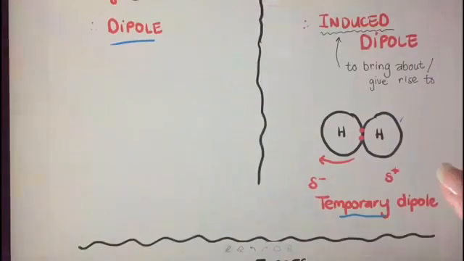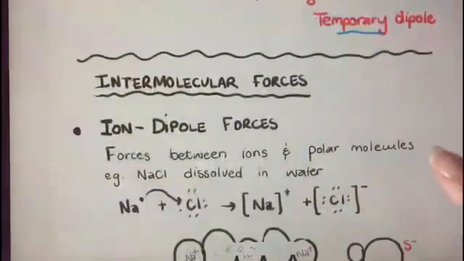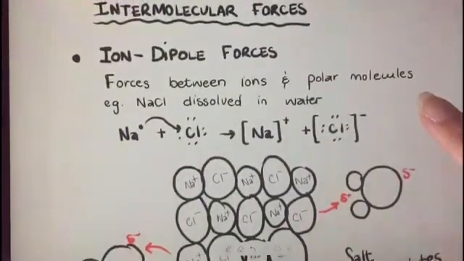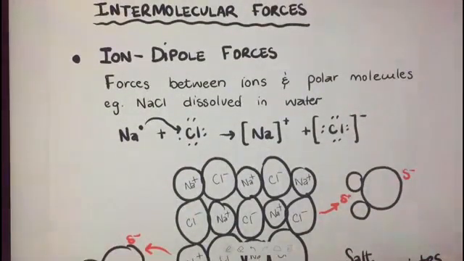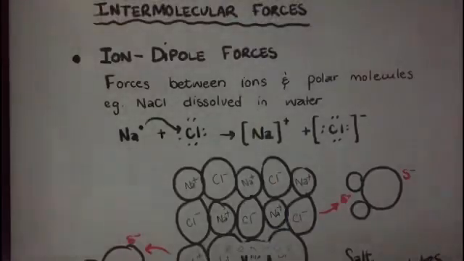So now that we've got that out of the way, let's see what you need to know about intermolecular forces. There are different types. The first one that we are going to look at are ion dipole forces. I know technically it says intermolecular, between molecules, but it's also the term that we use for between particles, in this case between ions and molecules.